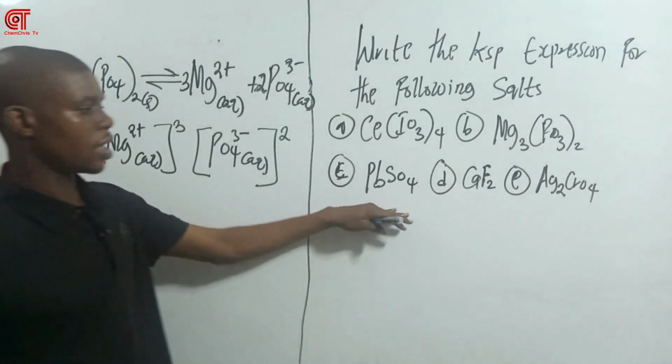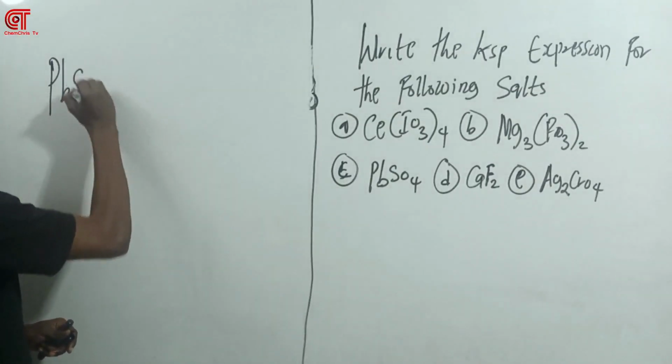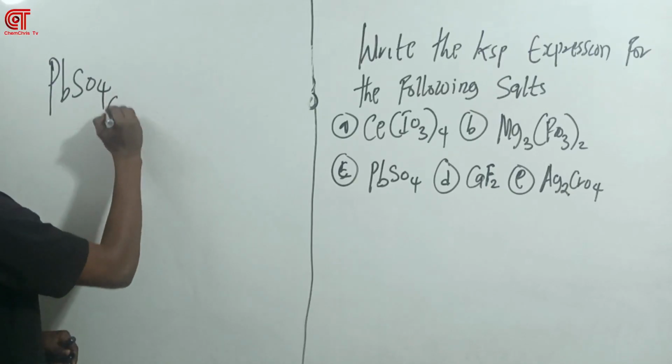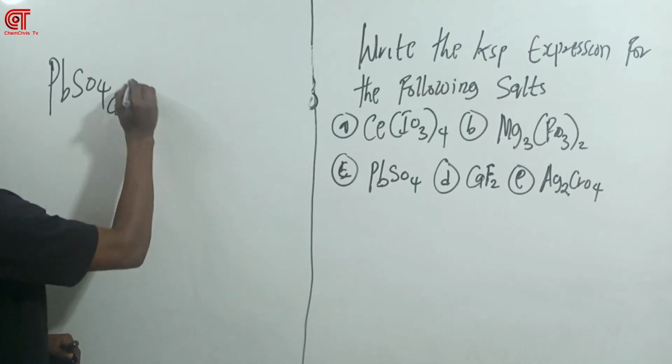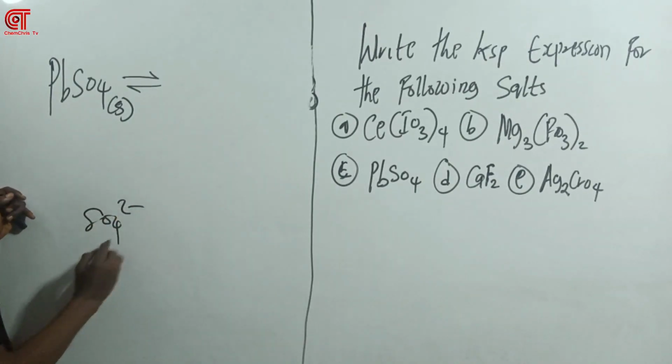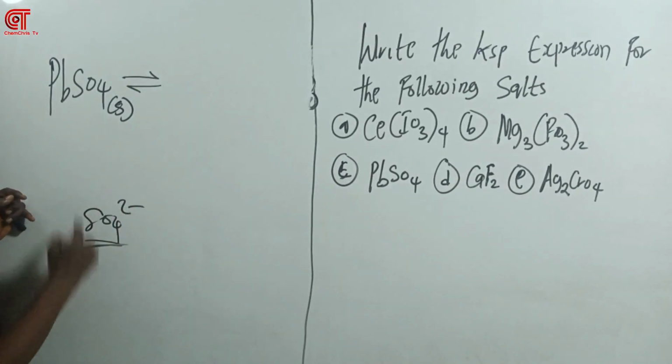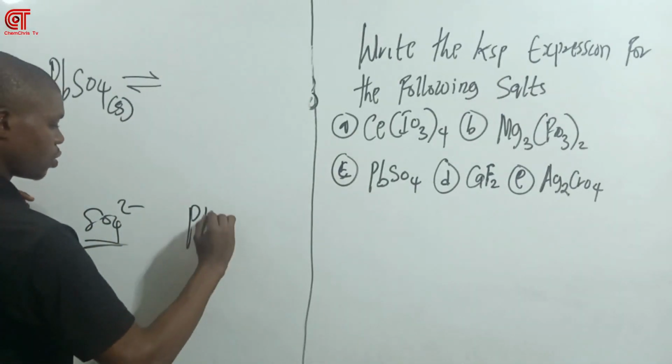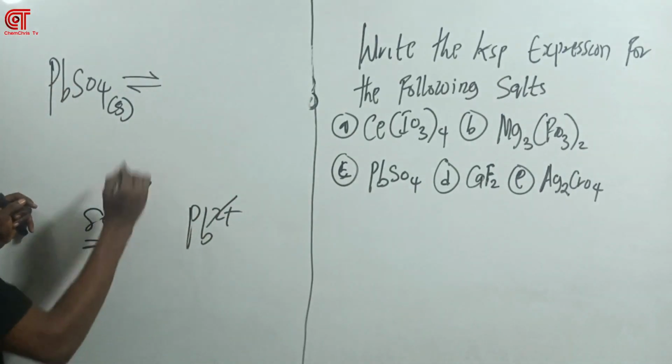You get? So now let's look at this one: PbSO4 solid. Now what it means is that remember SO4 2 minus, you already have that, right? So it means that this one is going to be Pb2+, so they can cancel out. You get?